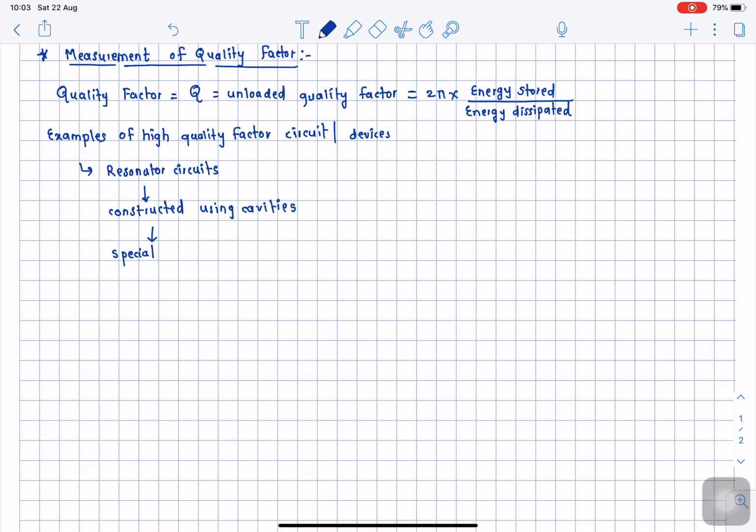We already know what a re-entrant cavity is from when we studied the resonator topic in module number 2, special resonant cavities. These special resonant cavities we normally call re-entrant type cavities. The resonators are the basic building blocks used for design of oscillators.